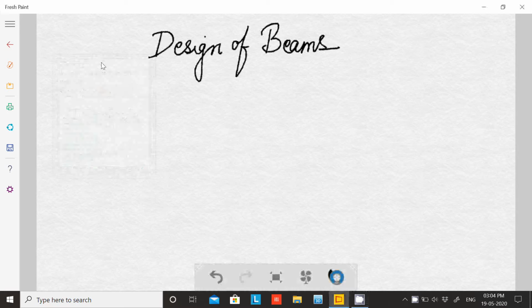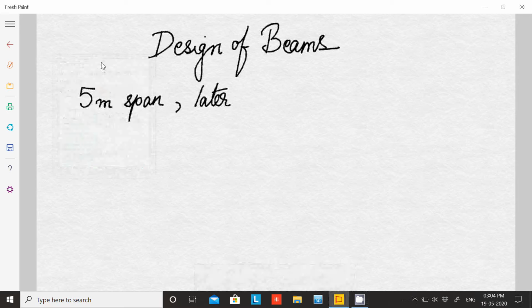The beam is of 5 meter span. It is having lateral restraint, and the lateral restraint is in the top compression flange.